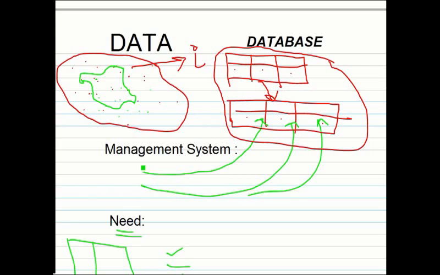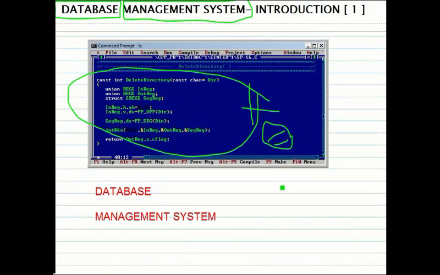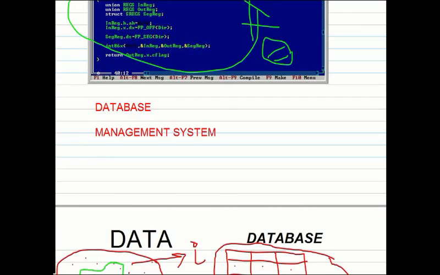And we use the management system to manipulate those data. So this is called database management system. We store the data somewhere, and then we manipulate those data again and again to get our desired output. So I think this is enough for the introduction part.